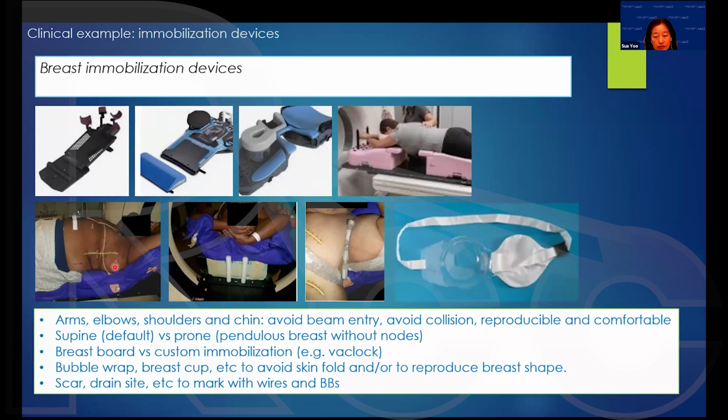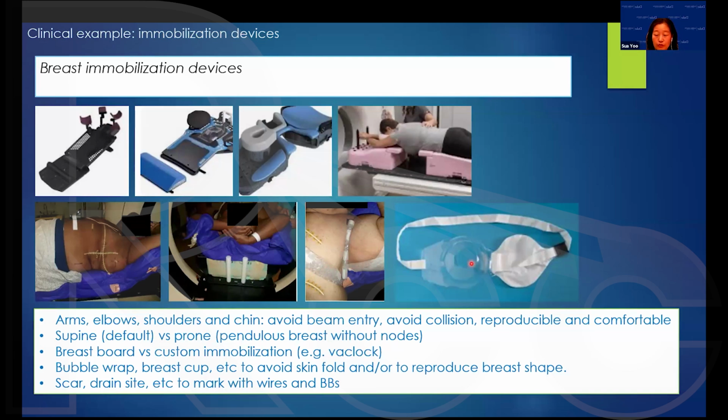And for some patients, instead of using the breast board, maybe the patient is too heavy or the arms don't fit. Then we might generate an alpha cradle or back lock type of thing, or a wing board. If we put a kind of styrofoam wedge, it gets inclined. For the skin fold area, we put bubble wrap, and that keeps the skin separate.